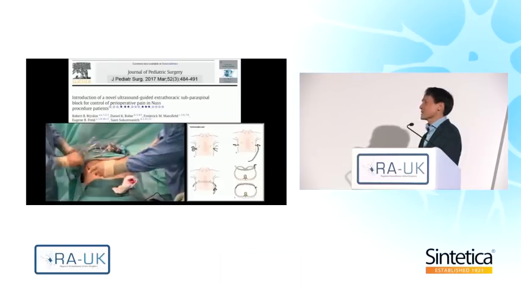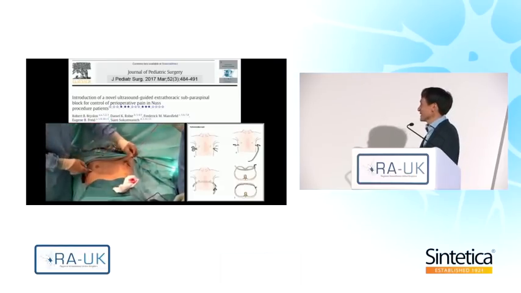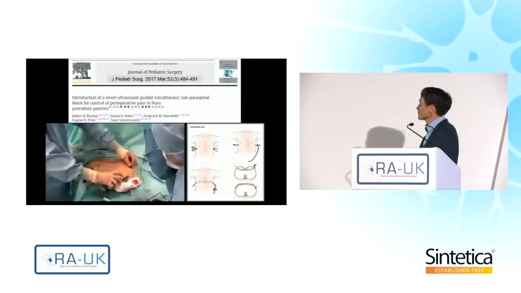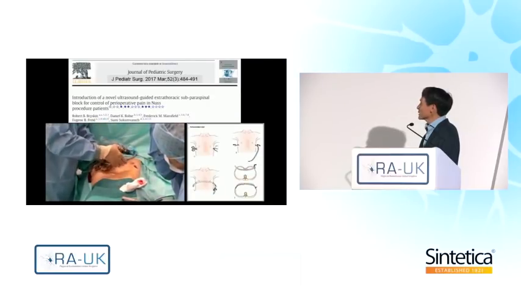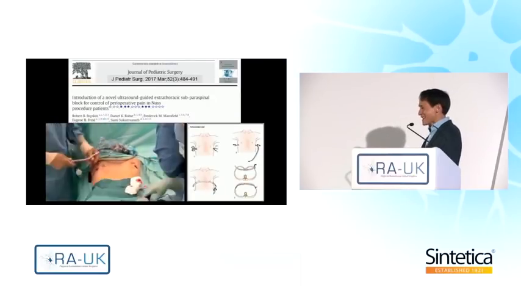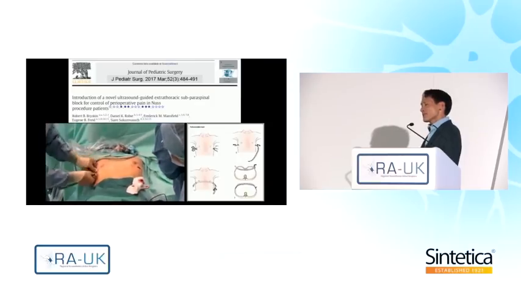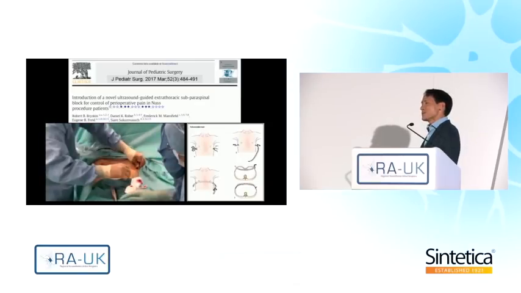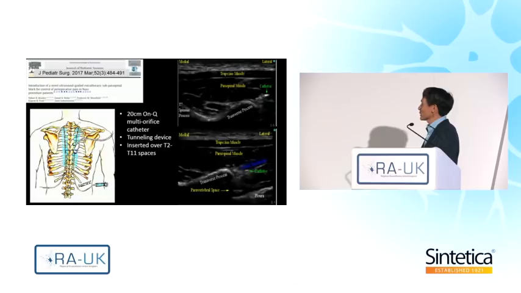So as you can imagine, I think there's scope for some regional anesthesia in this procedure. And what this group did was to compare, as you might expect, epidural analgesia with their paraspinal intercostal.